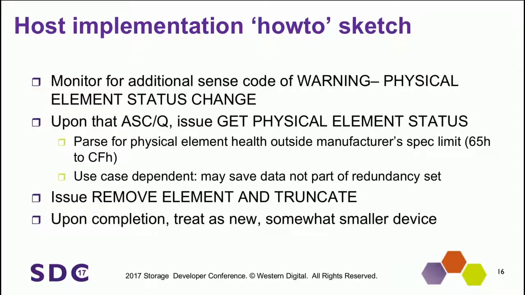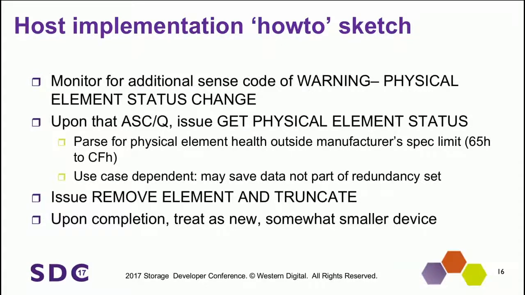So if it sees a warning physical element status change, then the host would, logically, probably want to issue a get physical element status command. Once it gets that data, it should parse that for any physical element health field outside the manufacturer's specification limit. And at which point it might find, well, use case dependent, if the host wants to save any data. I just want to drive home the fact that after this operation completes, all the data that was on the disk is not guaranteed to be there any longer.